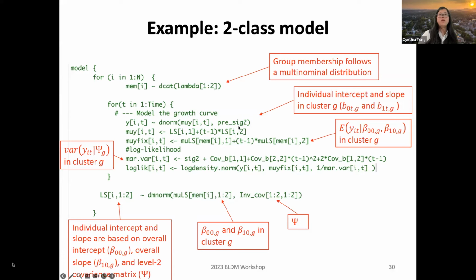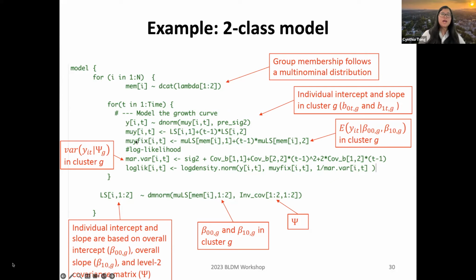If we freely allow this to be different for different classes, then we have to add a bracket afterwards to show the membership of this parameter, but I have the code available on the course website, so you can directly use it. And then this mu of y, which is the mean, actually equals the latent intercept plus latent slope times the time, t minus 1.